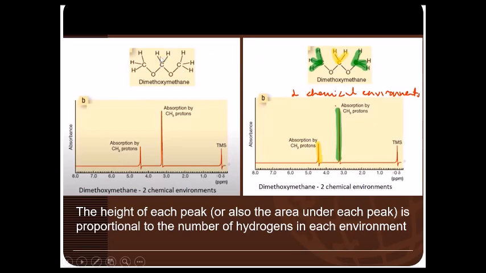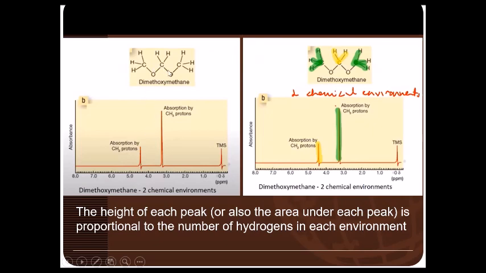Now, the CH2 in the middle is connected to two oxygens, so it's in a very different environment to the CH3s at the ends. So the NMR machine will identify this CH2 as a very different peak, as we see here.